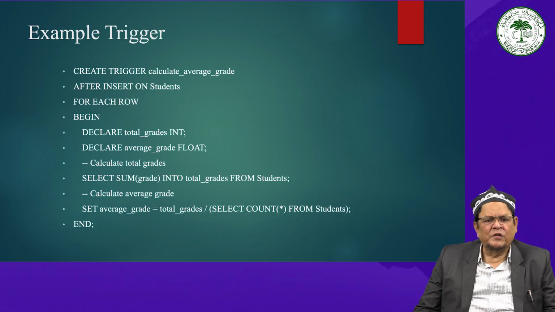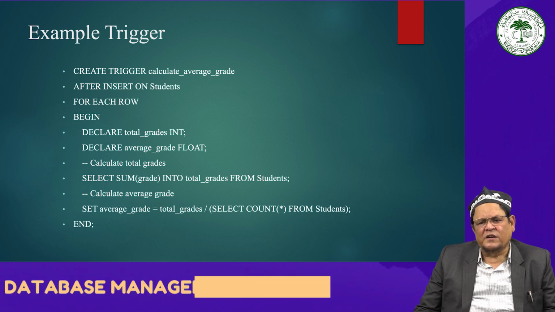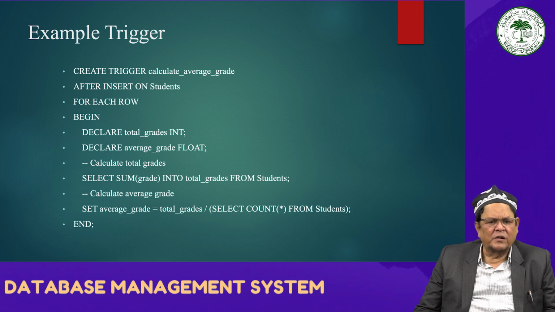We can achieve this by using a trigger. We will create a trigger that fires after each insert operation on the student table. This trigger will calculate the average grade based on the newly inserted grade and update another table or display the result as needed.